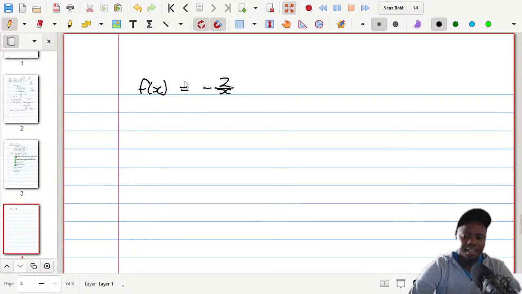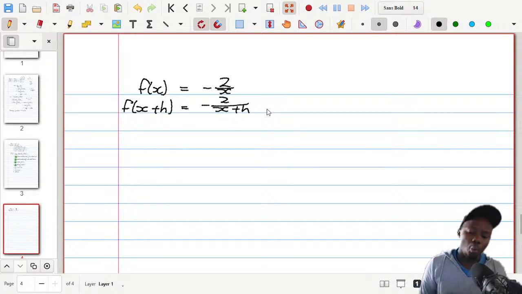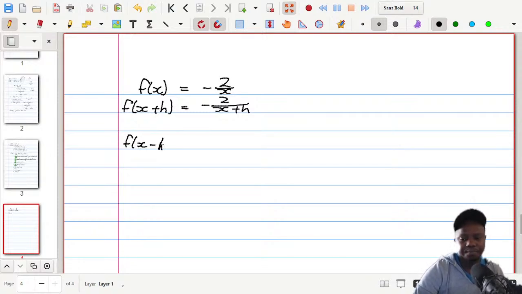Once again, the first thing you need to do is to calculate f of x plus h. This is going to be equal to negative 2 over x plus h. What I suggest you do is, before substituting into your calculator, before substituting into your equation, before substituting into your formula, let's actually calculate f of x plus h minus f of x before substituting.